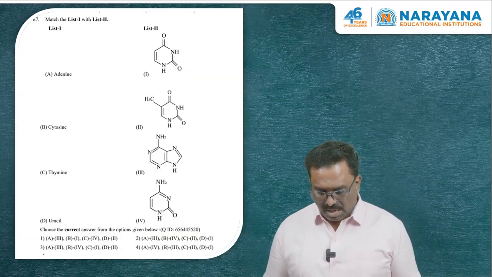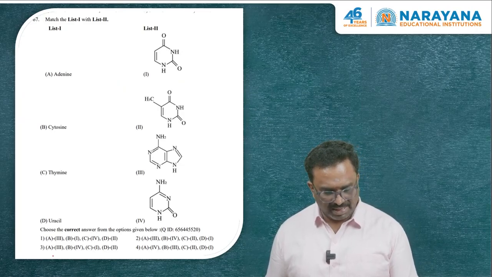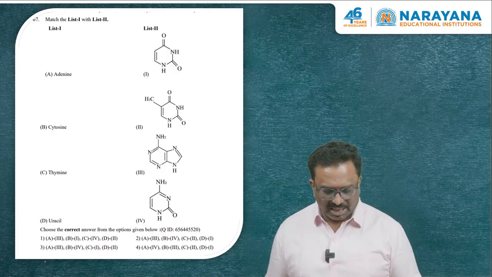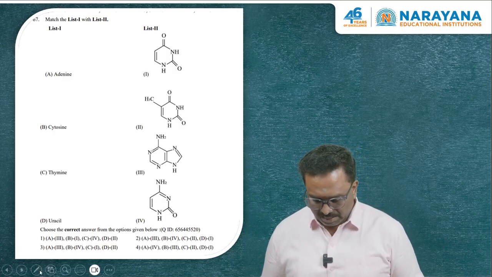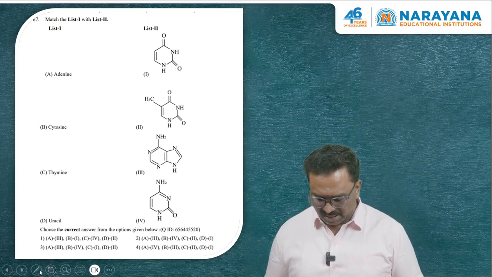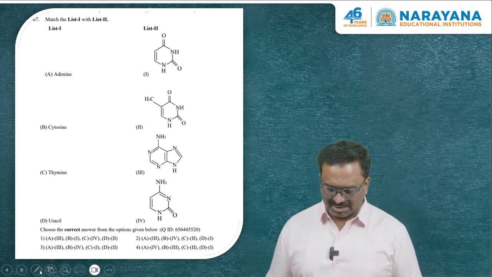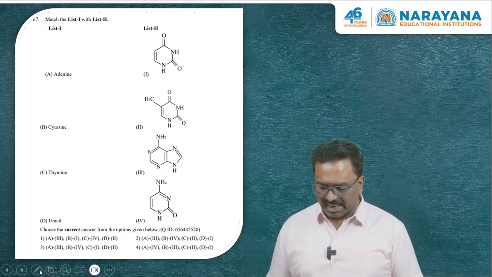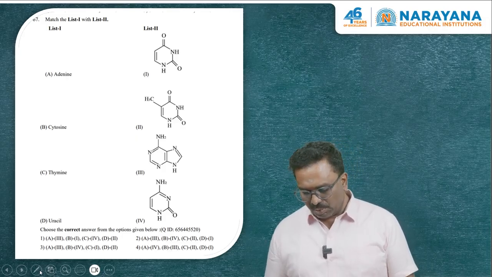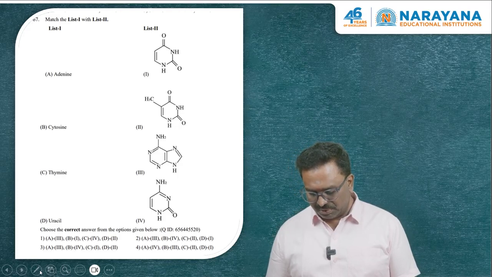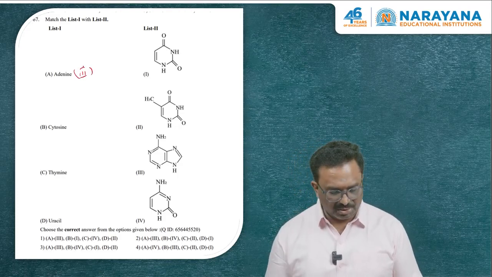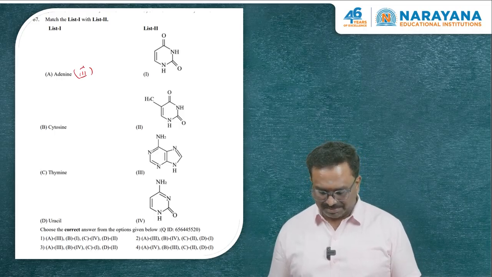Here we have a list of compounds. This was given as adenine. Adenine is a purine. The remaining, cytosine, thymine and uracil, are pyrimidines. Purine has two cyclic rings present, and you can see the third molecule is the only one having that.